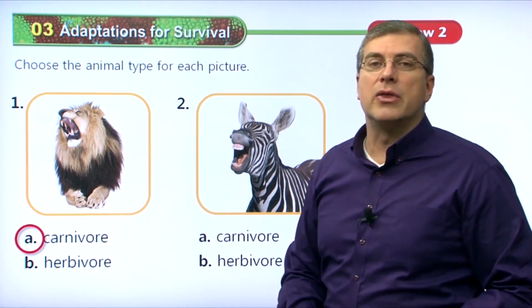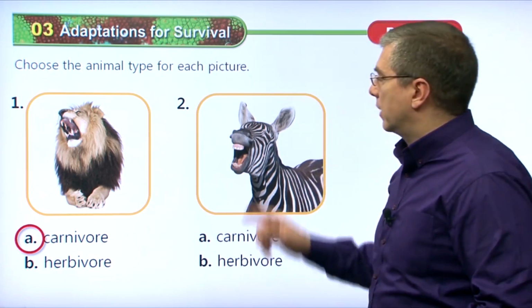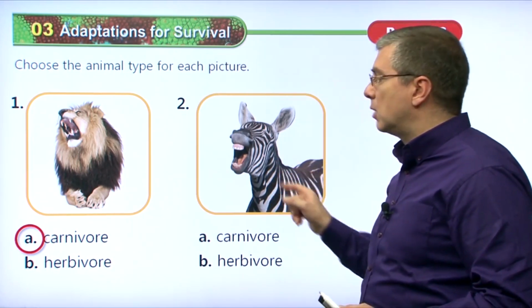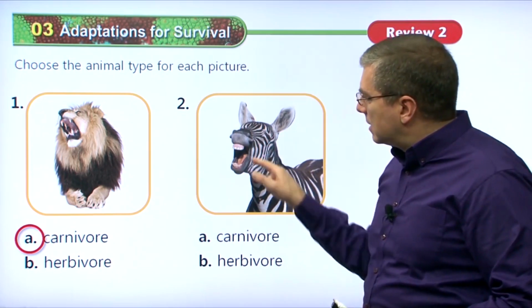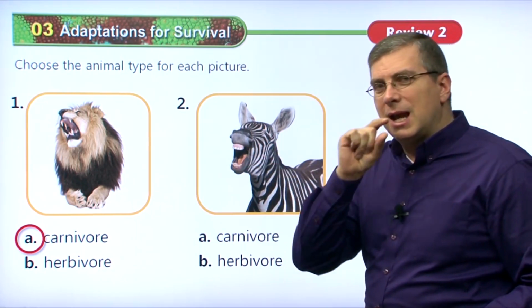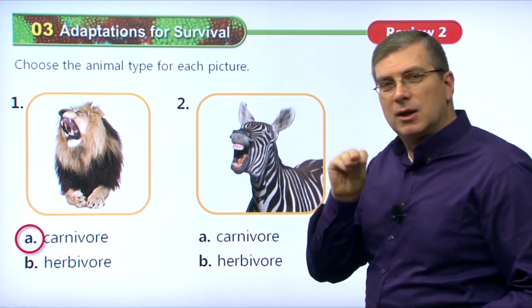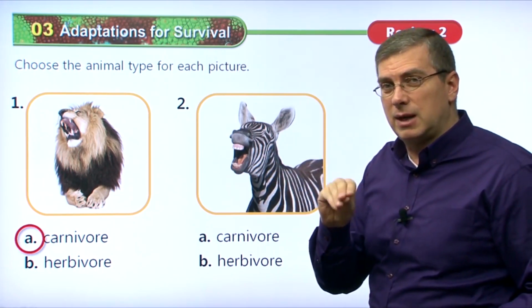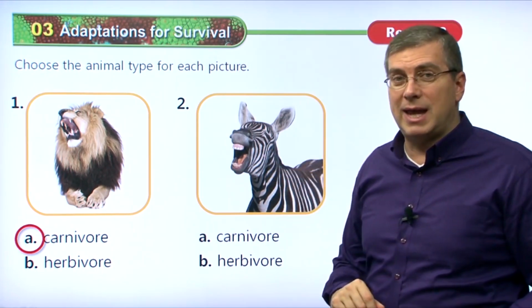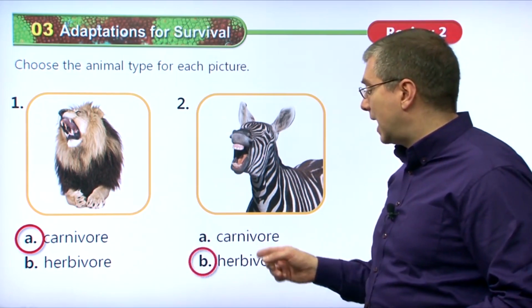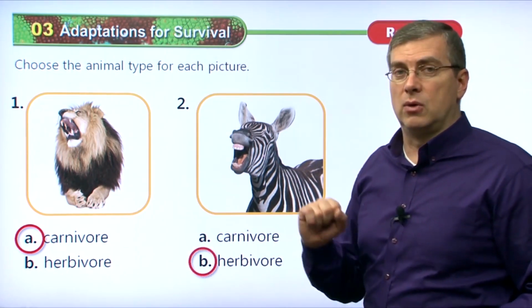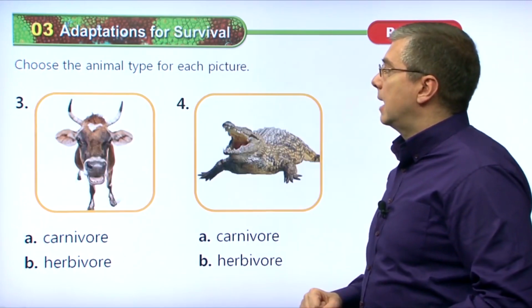This animal eats other animals. Over here in our second picture, we have a zebra, right? Look at its teeth. The teeth are big and they're flat. They're flat teeth. They're good for eating plants, right? So this animal eats plants, therefore it is an herbivore. Herbivore. Okay?